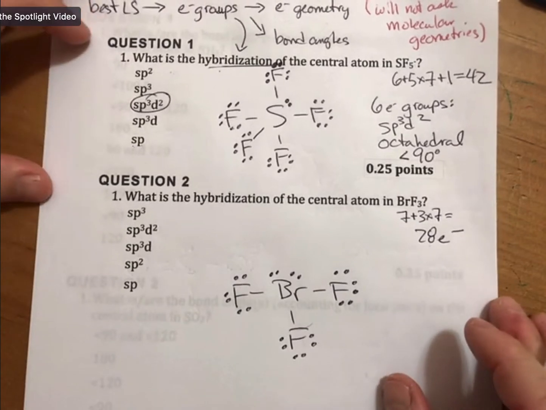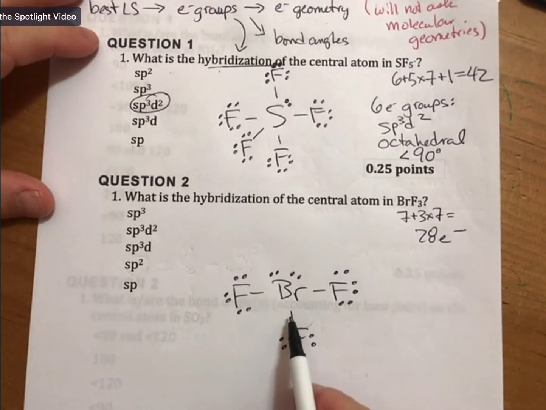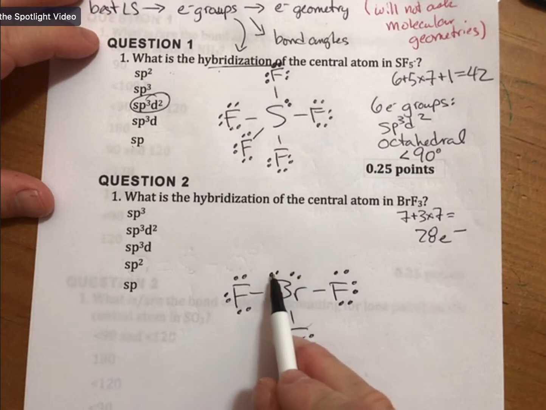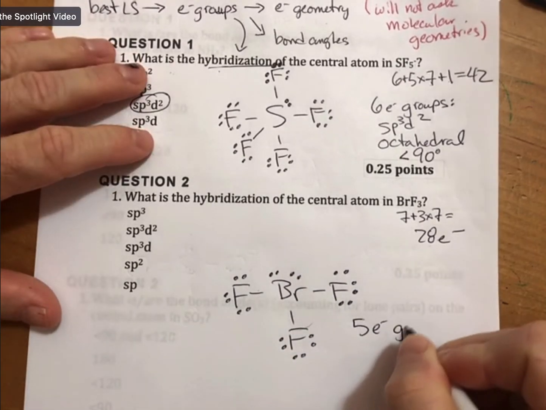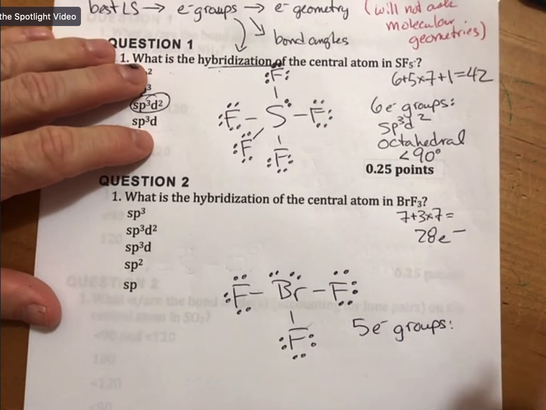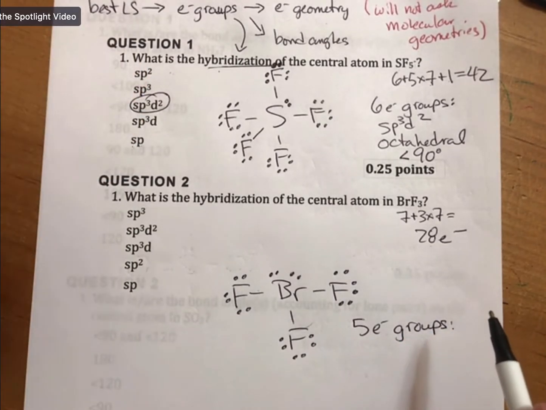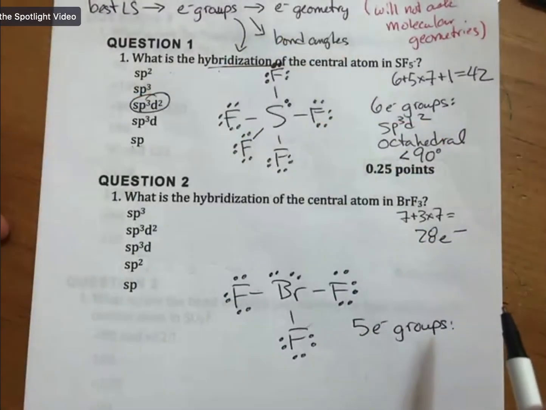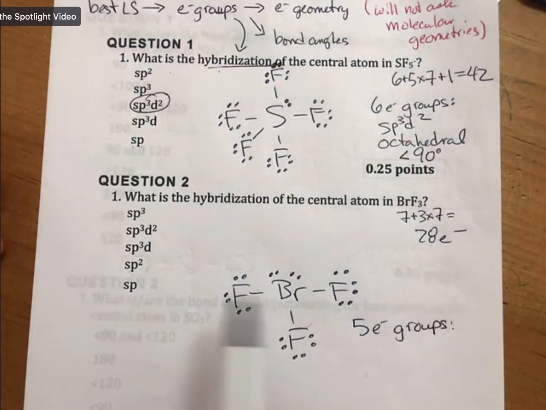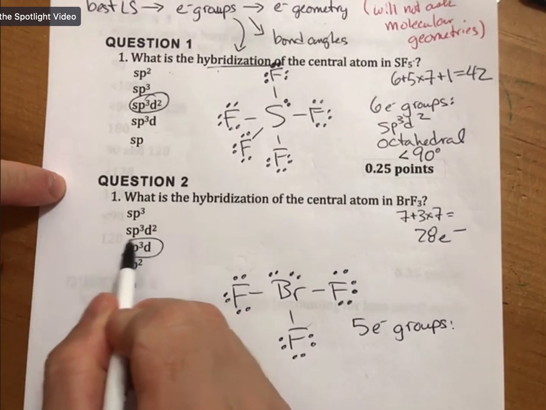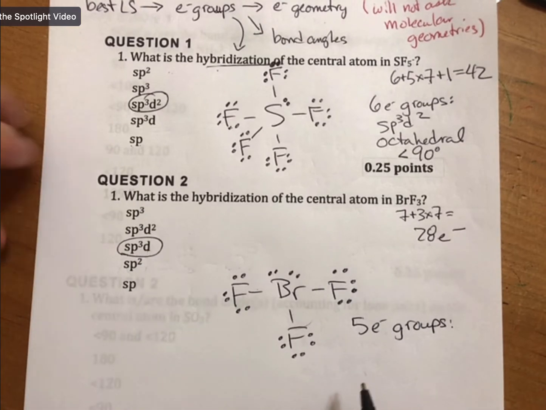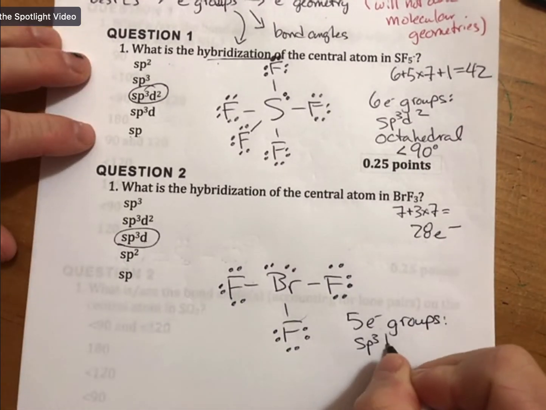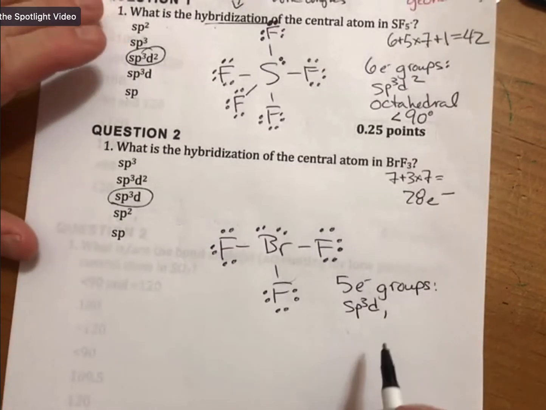And in this case, I have 1, 2, 3, 4, 5 electron groups, which means I must have 5 hybridized orbitals. And 5 hybridized orbitals would be sp3d. But we can say more than that.